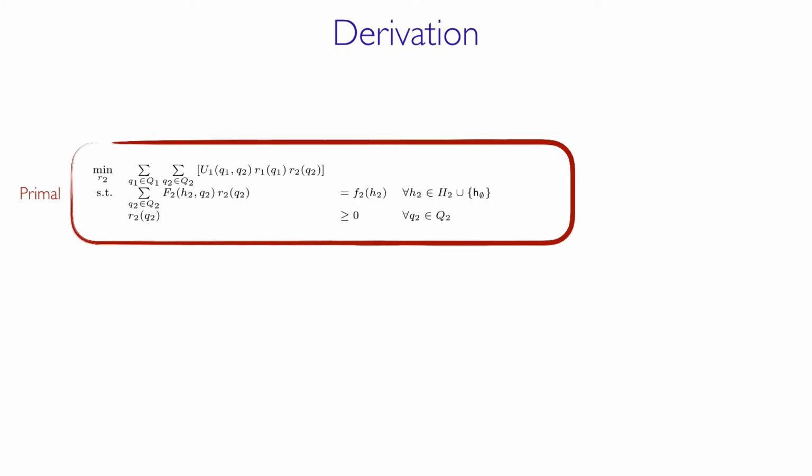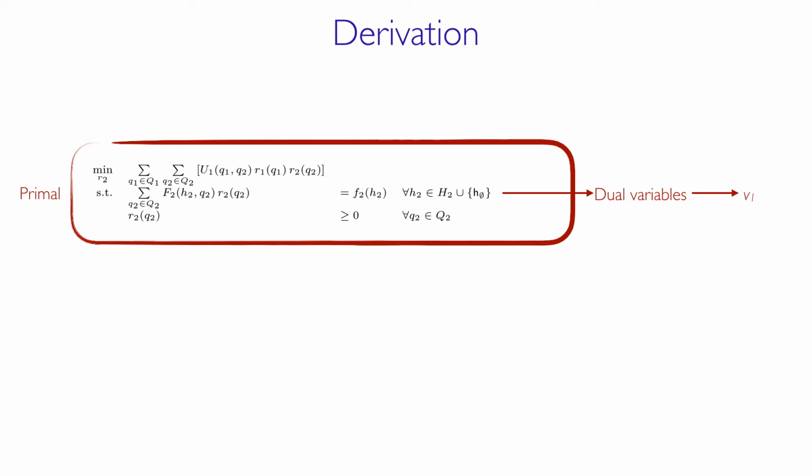Consider the minimization problem as a primal linear problem. Our goal is to derive the dual. We have in this case a vector of dual variables that we call v1. Exactly, we have one scalar variable for each equality constraint.